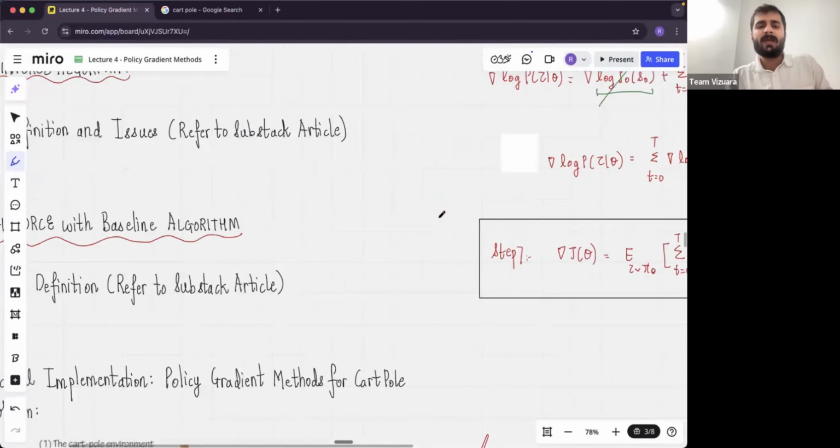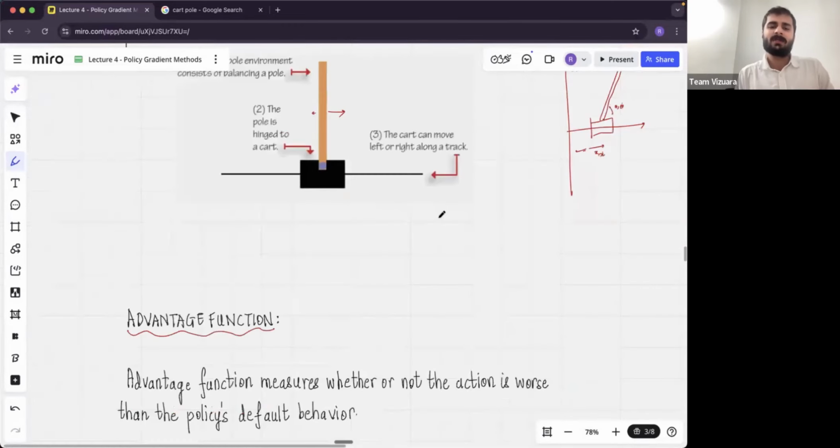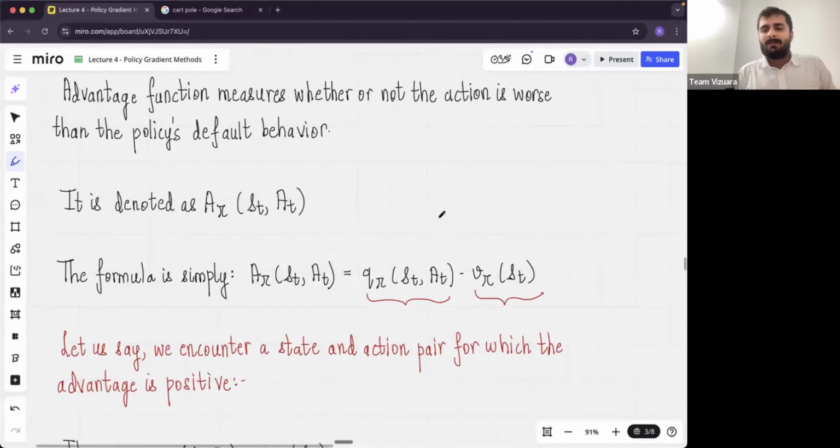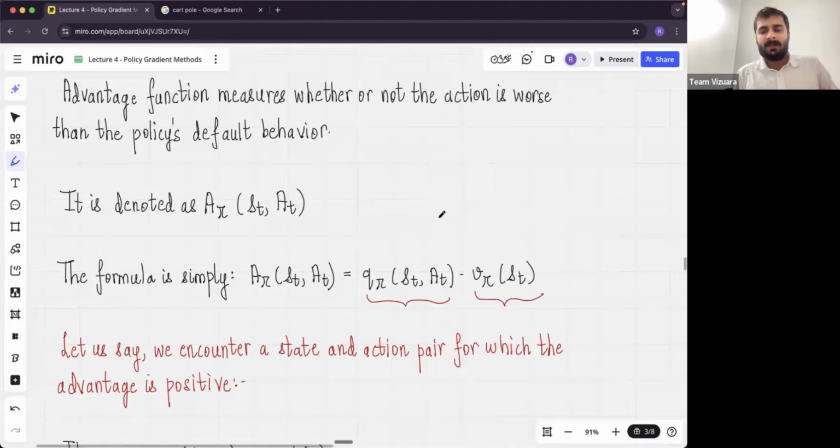So that brings us to a very important concept in today's lecture, which is called the advantage function. First, let us understand the advantage function from a mathematical point of view. Advantage function is simply given by the difference between the action value function and the state value function.